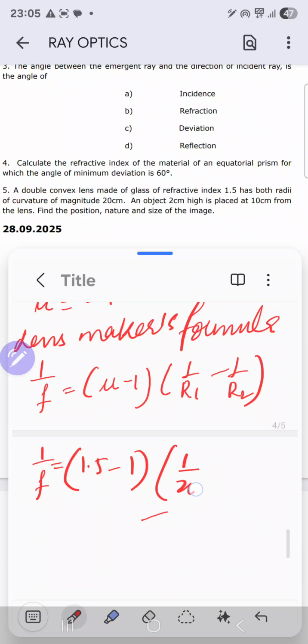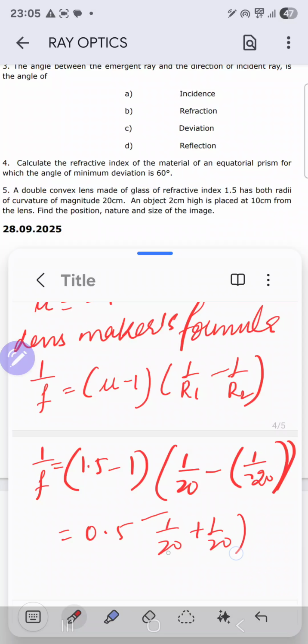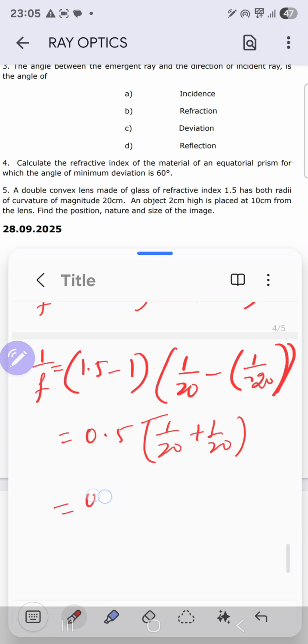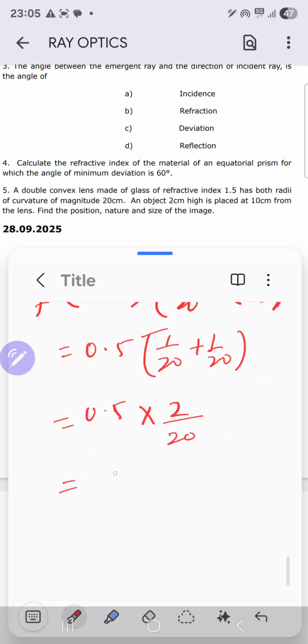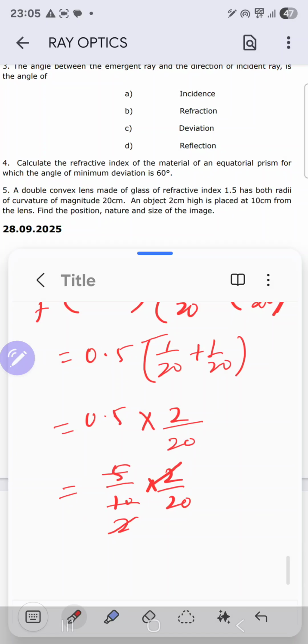So this is 1 over 20 minus 1 over minus 20. So this would become 0.5 into (1 over 20 plus 1 by 20), so 0.5 into 2 by 20, or this can be written as 5 over 10 into 2 by 20. So here focal length is 20 centimeters.